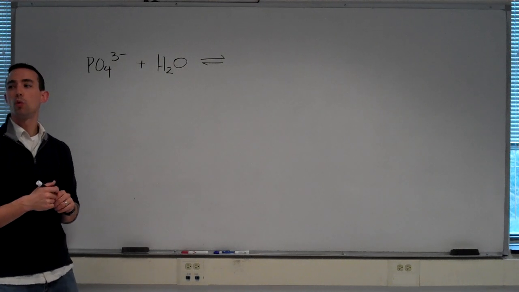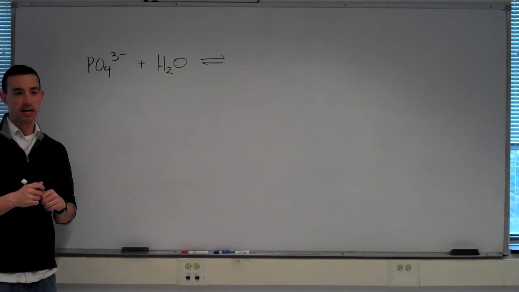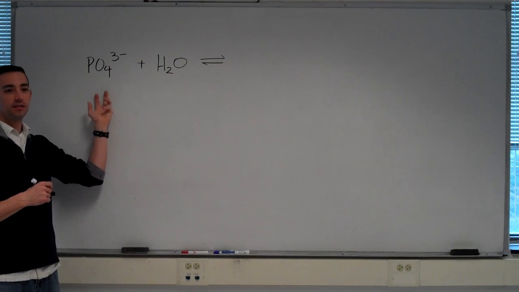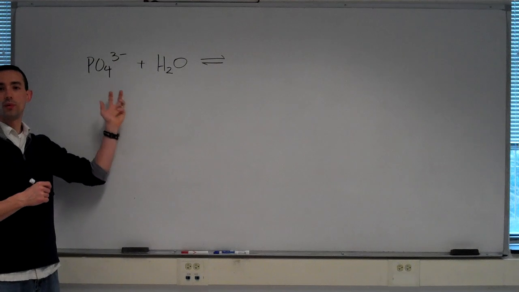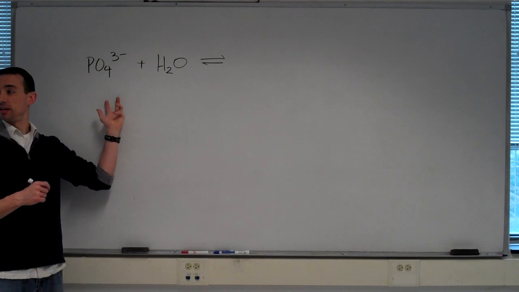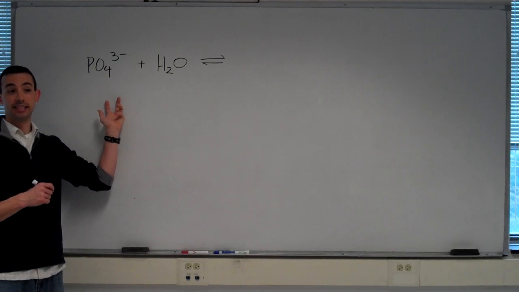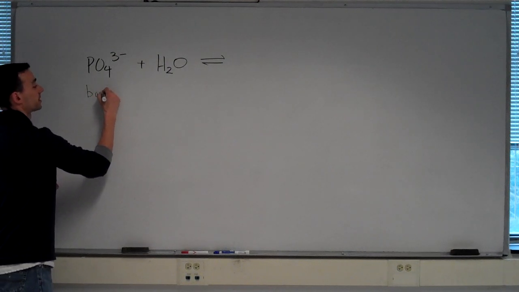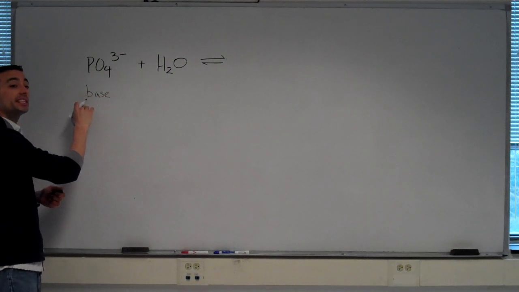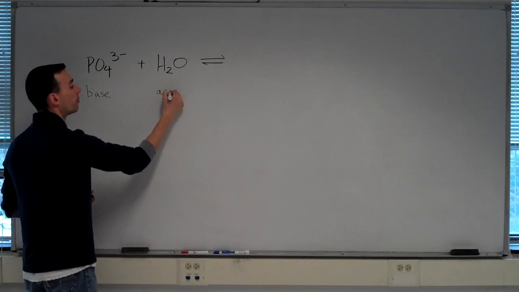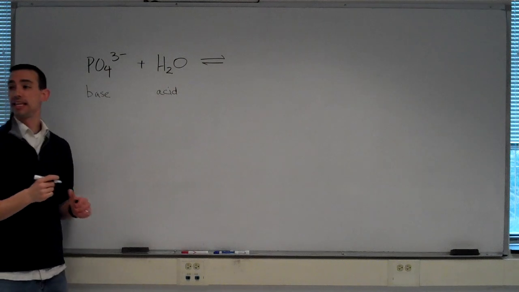The question that you want to ask yourself right now is, can this act as an acid or a base? Or which way can it act? Because it lacks hydrogen, the conclusion is it cannot act as an acid, right? And it's forced to act as a base. If it's the base, then by default, water must act as the acid.